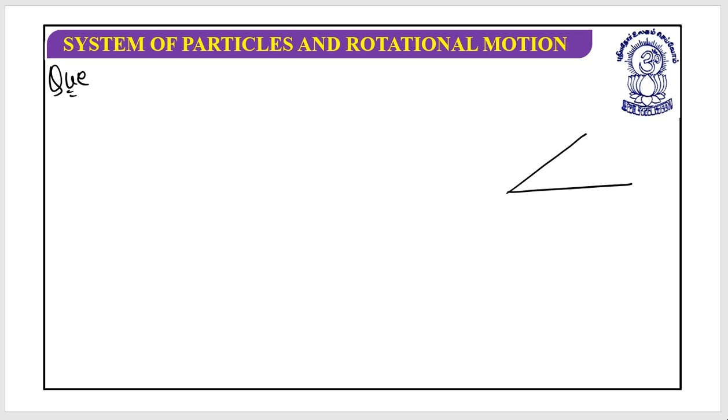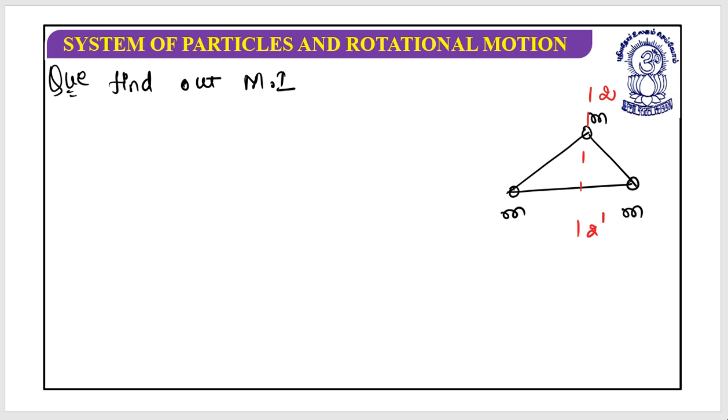Now the situation would be something like this. These are the masses m. Now you are going to rotate this from 2 to 2 dash. So the question is, find the moment of inertia of the system about 2 2 dash.